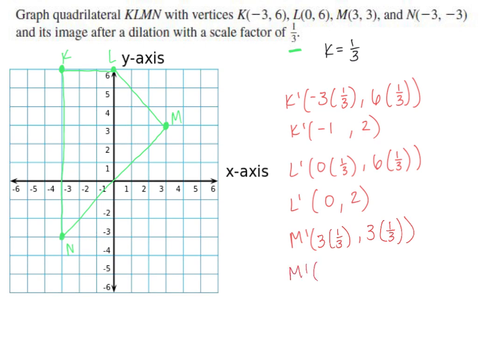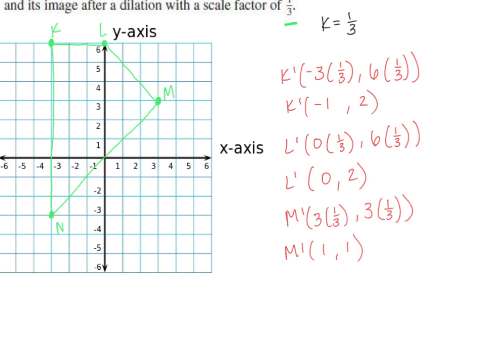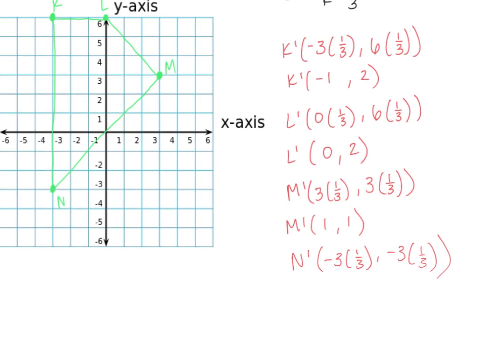We're going to get M prime is 1, 1. N prime. N prime original coordinates were -3, -3. We're going to take each of them, multiply it by 1/3. When we do that, we're going to get N prime is -1, -1.